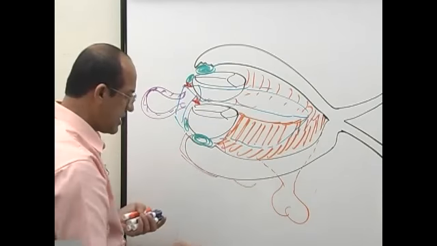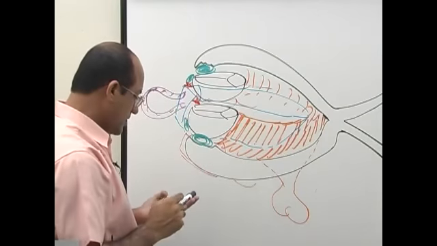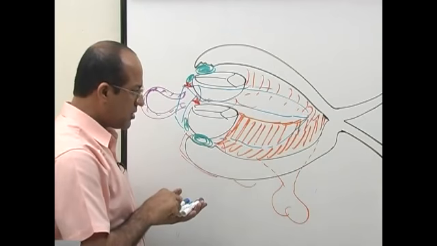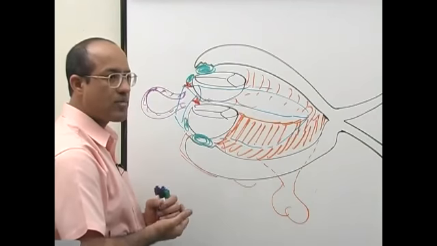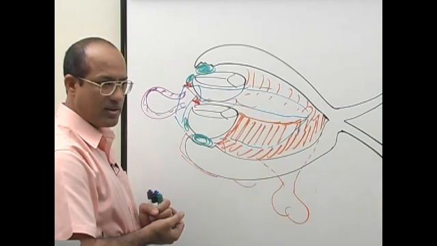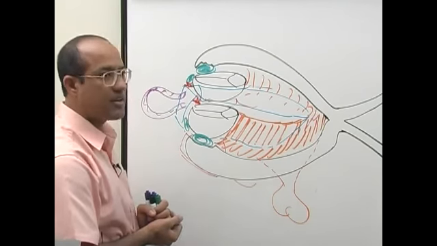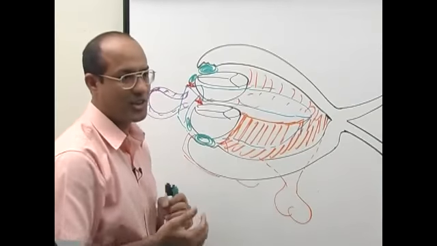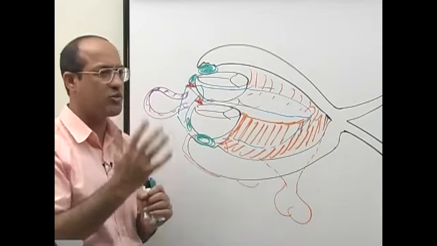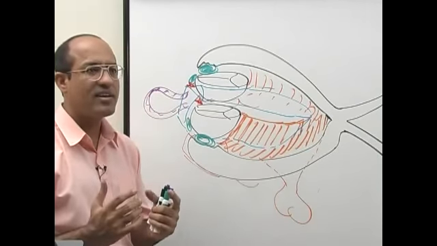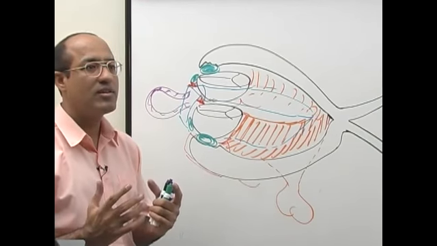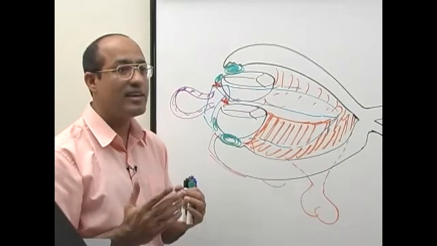Subthalamic nuclei, right? Actually, diencephalon are the structures which are present around third ventricle. One of the simplest ways to imagine what structures are in diencephalon.